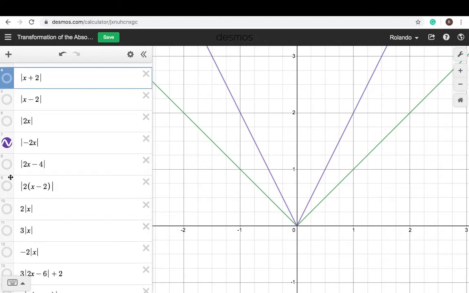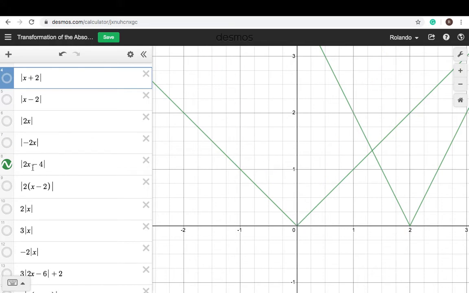And then the next transformation is inside the absolute value function. If we subtract a constant, let's say the absolute value of 2x minus 4, this is the common mistake many students commit, because you might be thinking of this 4 as the horizontal translation to the right.